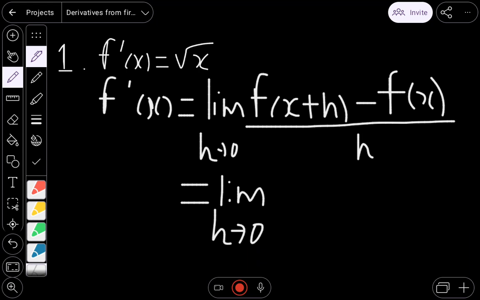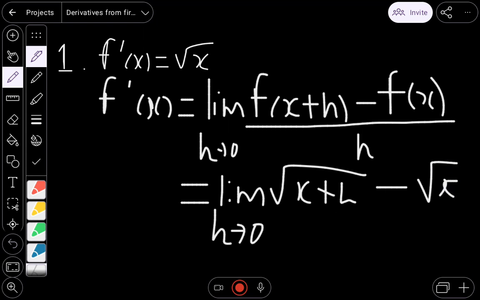So what is f of x plus h? It will be square root of x plus h. In other words, I've substituted with x plus h where there was x in that equation. So this is minus f of x, which is simply square root of x, right?